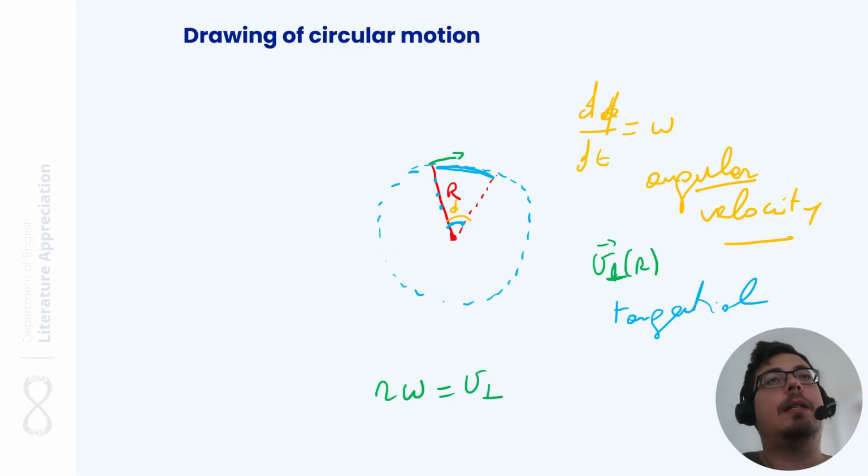Okay, we will see that in a sec. So angular velocity is the rate at which the radius is sweeping the circumference, and this is fixed.